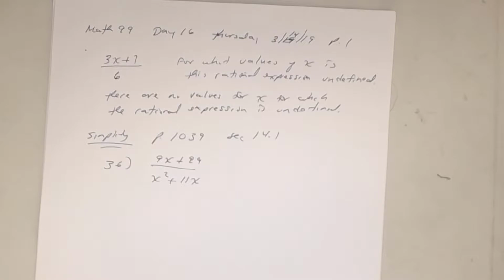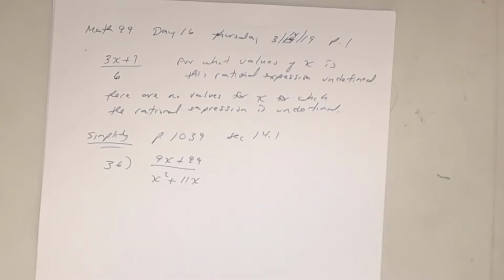So what kind of expression is this? Rational expression. You have a polynomial divided by a polynomial. That's a rational expression. And you want to simplify this. And to simplify, remember, you're going to reduce out your common factors. That's how you simplify.